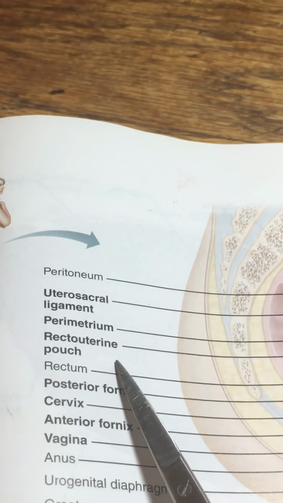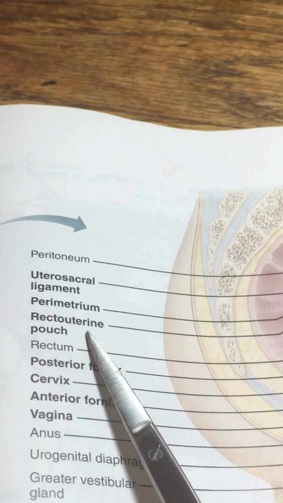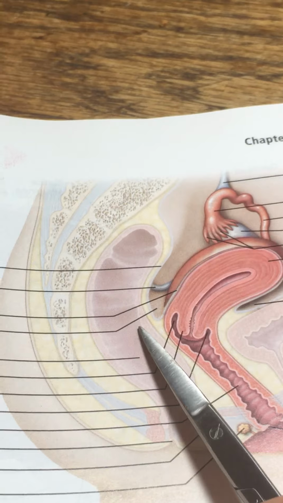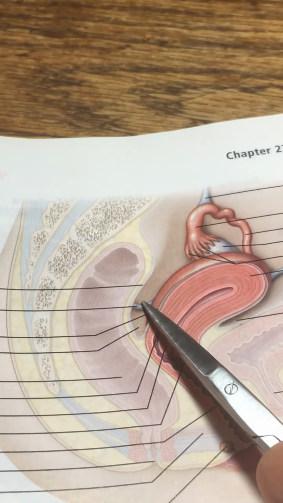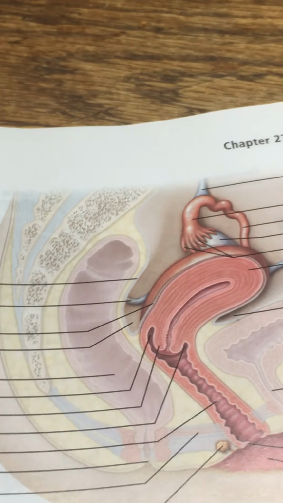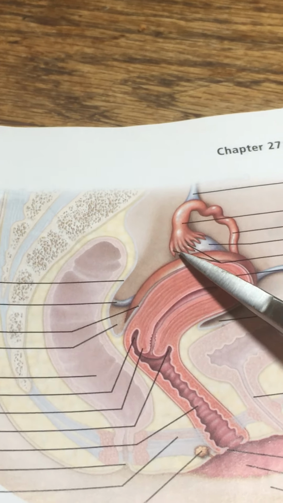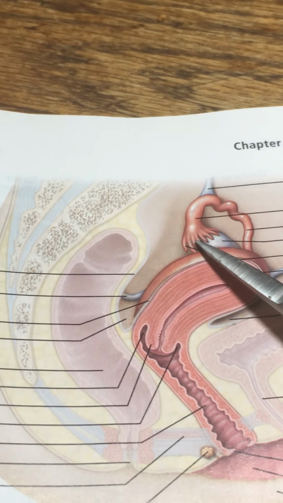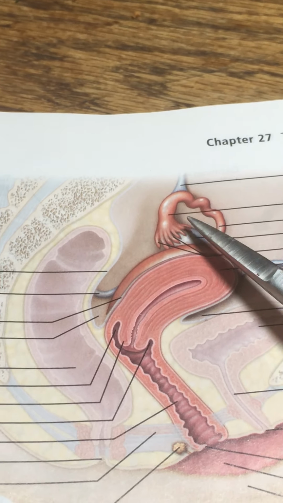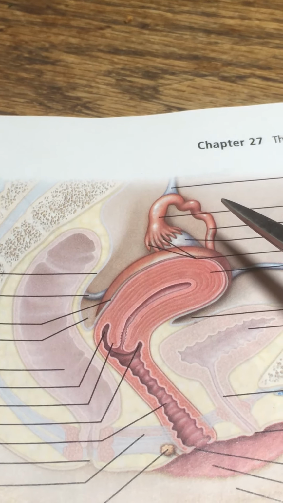Let's see what we have. Here we go. Yeah, they are showing us here the recto-uterine pouch. Notice that this is the peritoneal cavity right here. And I had mentioned to you in previous episodes in the digestive system that the peritoneal cavity is a potential space and nothing is living there, but there is an exception to the rule.